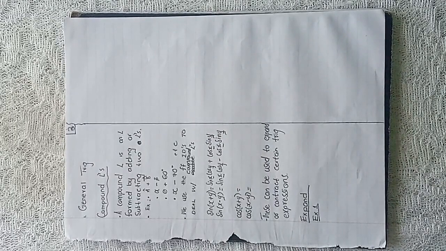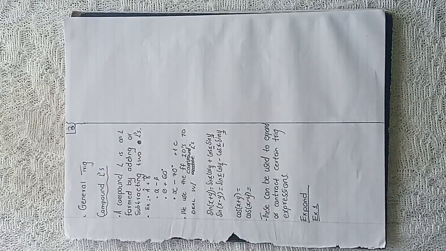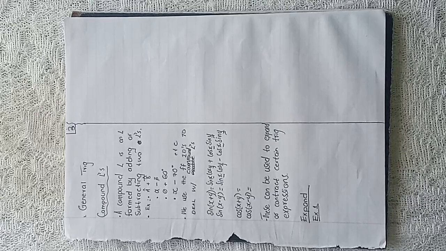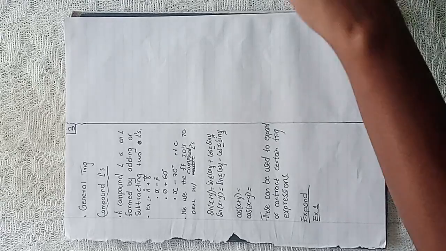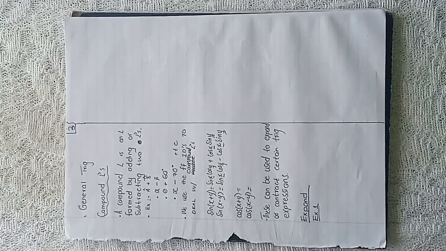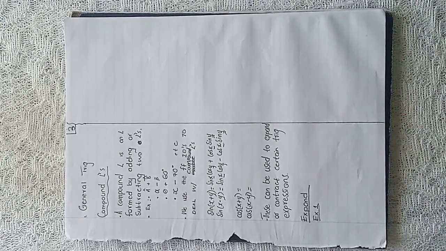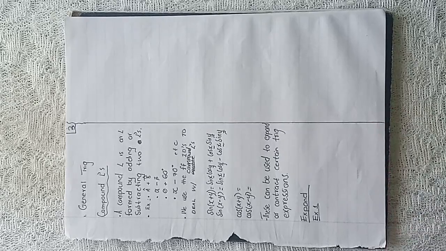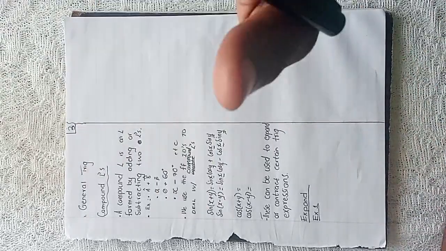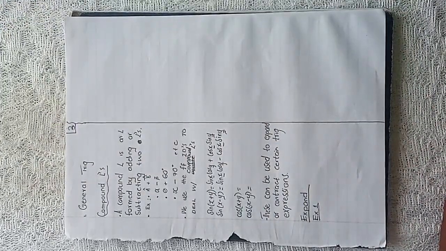For instance, we have angle A plus angle B, alpha minus beta, theta plus 60 degrees, and x minus 70, etc. That's a compound angle.